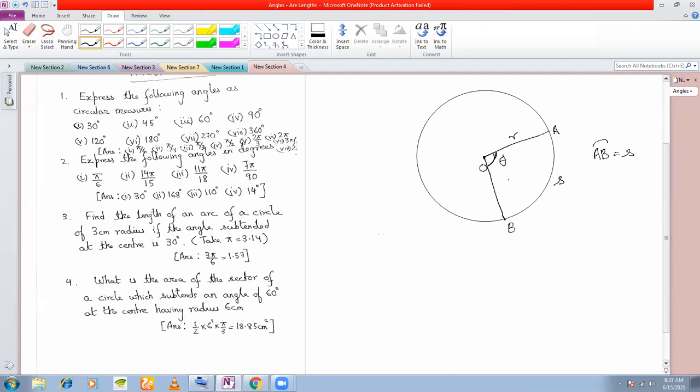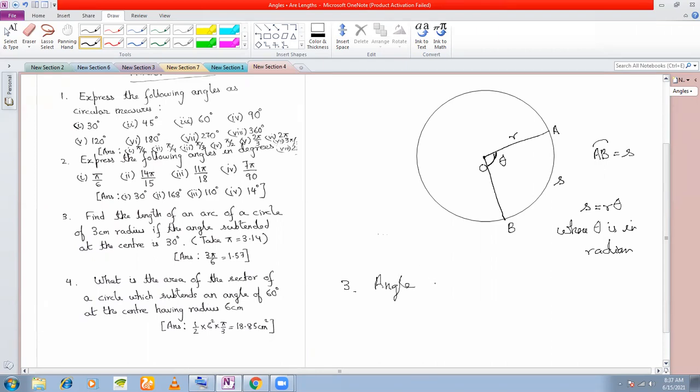From the definition of radian measure, it can be shown that the arc length s is equal to r into theta, where remember theta is not in degrees, but theta is in radians. Okay, theta is in radians. So with this idea, let's solve number 3. Find the length of the arc of a circle of radius 3 centimeters if the angle subtended at the center is 30 degrees.